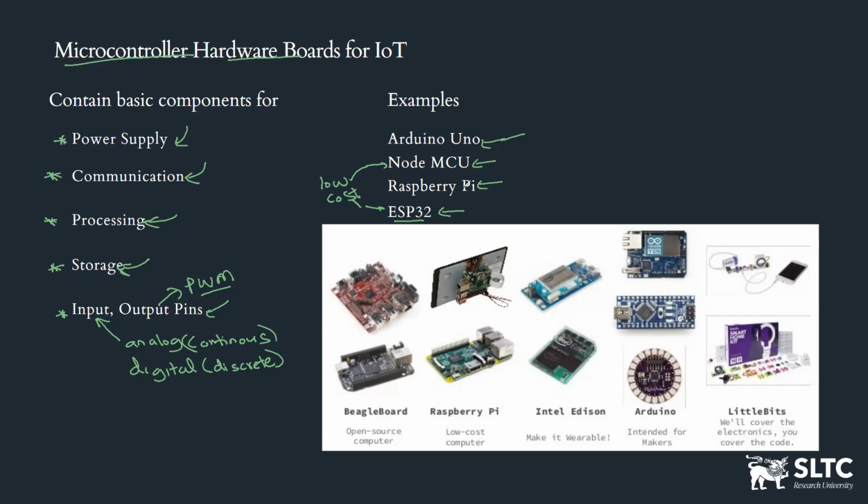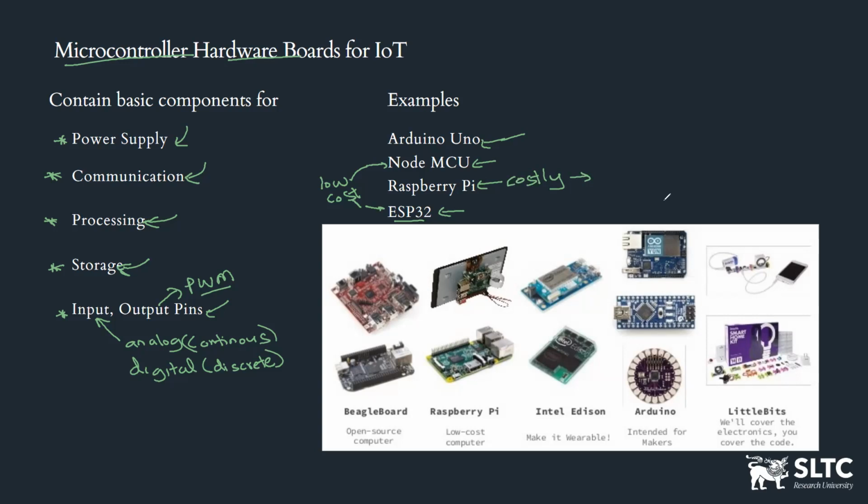So we'll be talking about these Raspberry Pi, Arduino Uno, Node MCU, ESP32 boards in the later instance. So basically, however, Raspberry Pi is kind of costly, and therefore it's not accessible to most people who are not able to deploy this Raspberry Pi on a massive scale in a certain project.